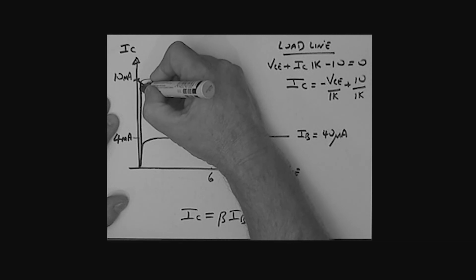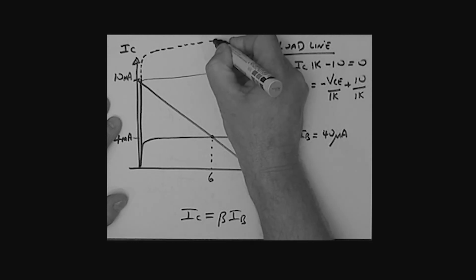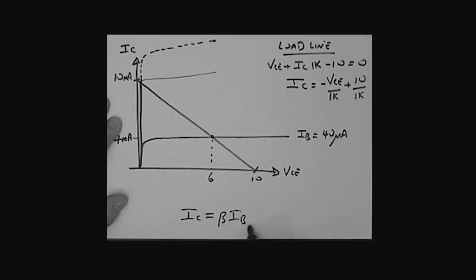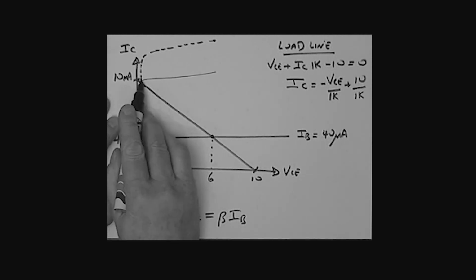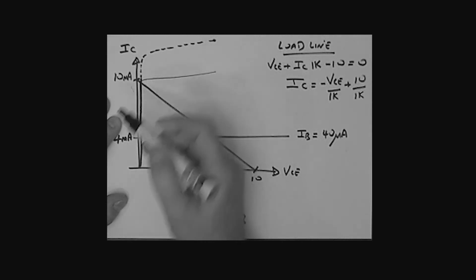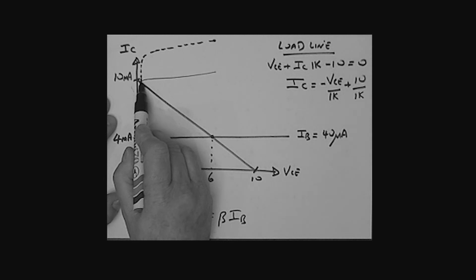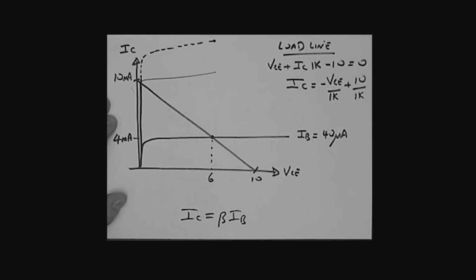But if I went on and increased the base current still further, onto, let's say, this characteristic curve, then this relationship would no longer hold true because the IC has basically maxed out at the 10 milliamps. That's the maximum collector current we could have. This vertical rise section here is referred to as saturation. So when the IC becomes that 10 milliamps, the transistor has gone into saturation. There is our problem actually plotted on the output characteristics.